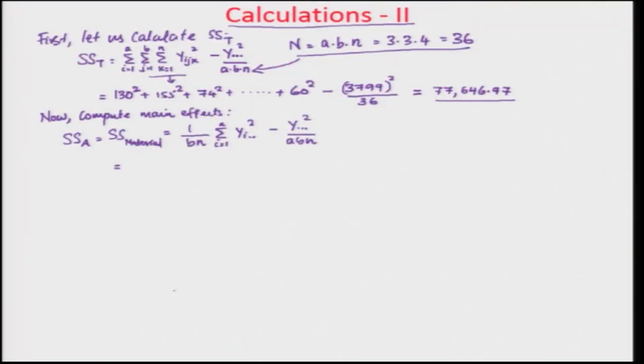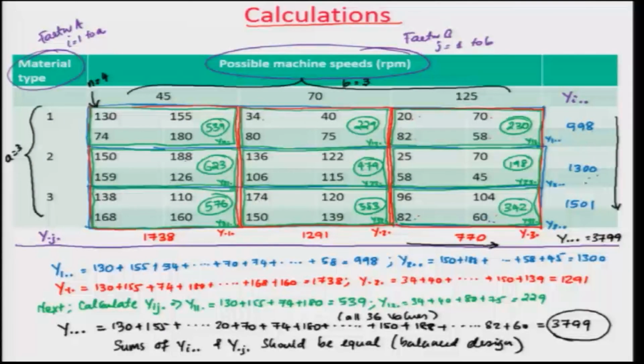So what we are doing here is 1 divided by the value of B, which is 3. So A is equal to 3, B is equal to 3, n is equal to 4. Okay. So this will be 3 times 4, multiplied by the values 998, 1300, 1501.